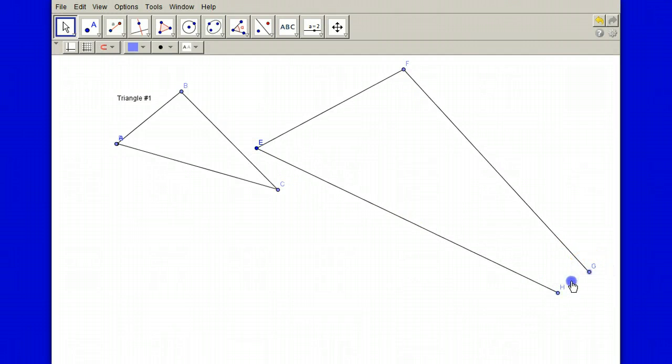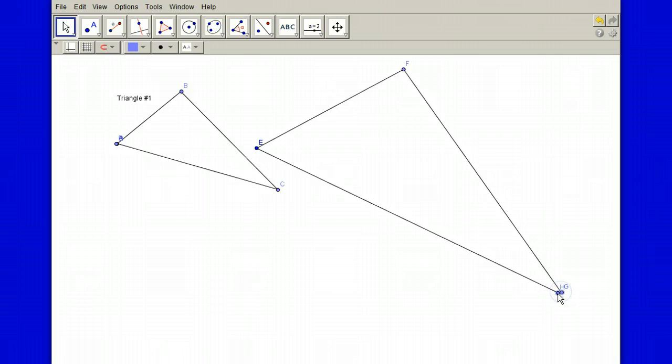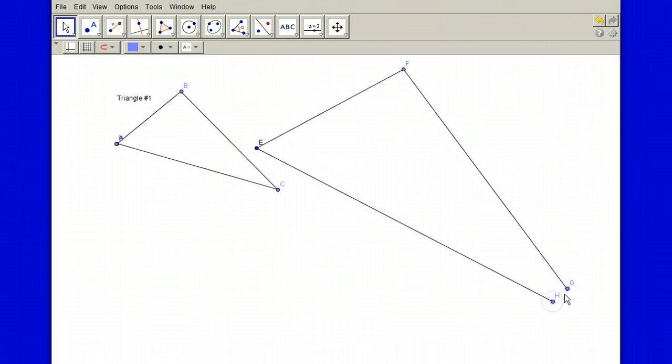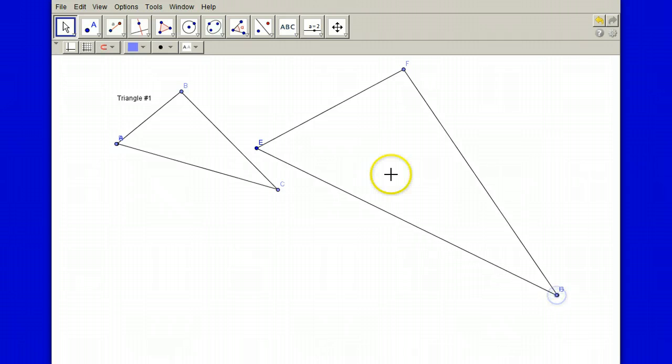Pull H, pull G down. It might just take a little prodding because the first point you make is a fixed point, because, oh come on, we made a fixed length. So we get G and H to meet. Eventually it'll happen. That looks good.